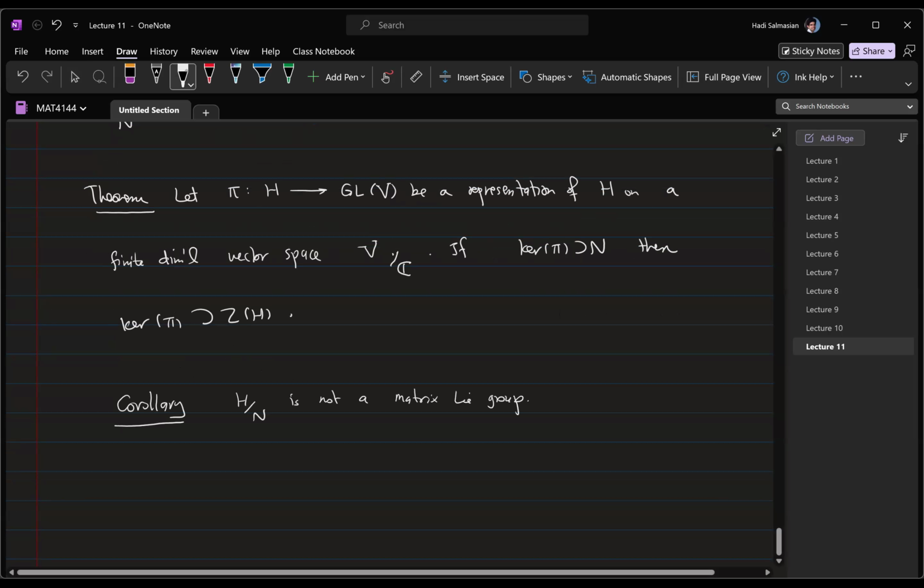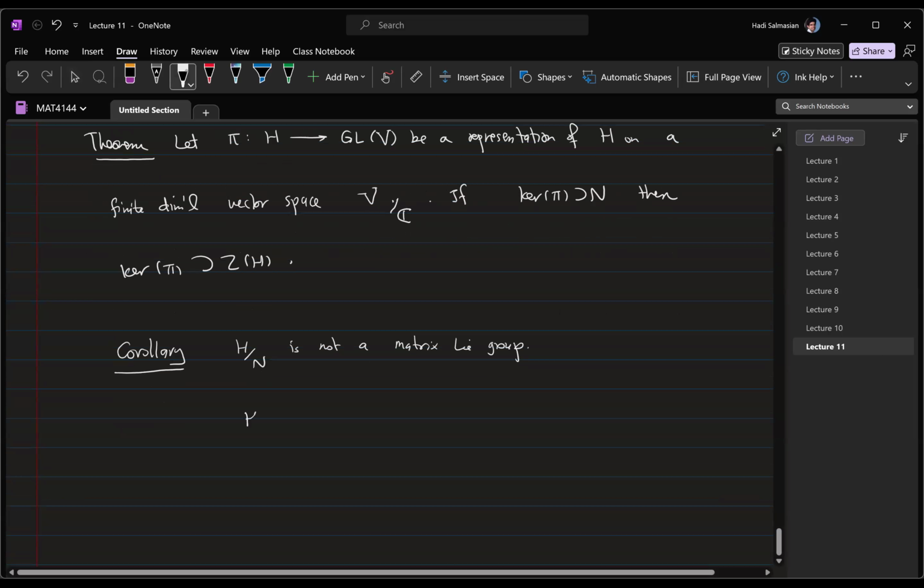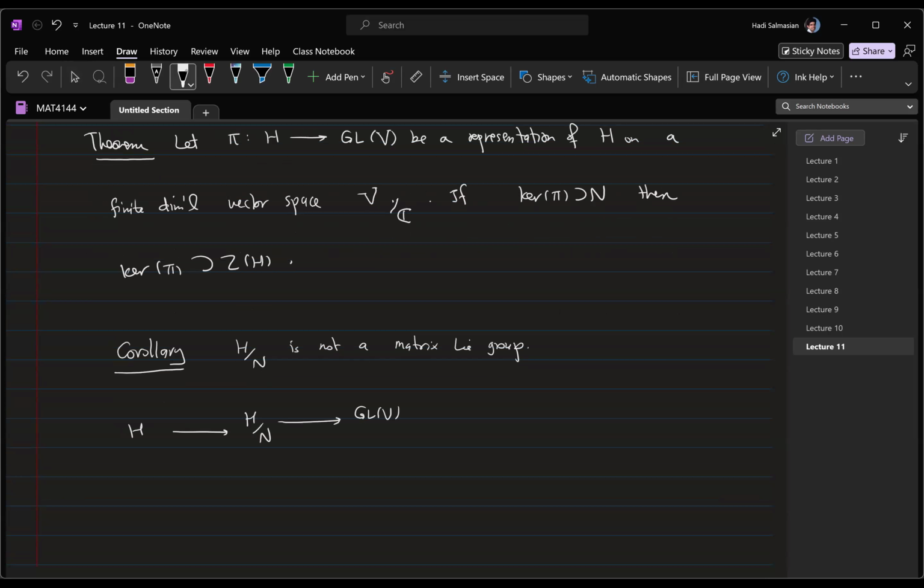Because if it was a matrix Lie group, then we would have some embedding of this into some GL(V), which means we have some group homomorphism from H into GL(V) with kernel exactly N, but that contradicts the theorem. Okay. Everybody happy? Right.